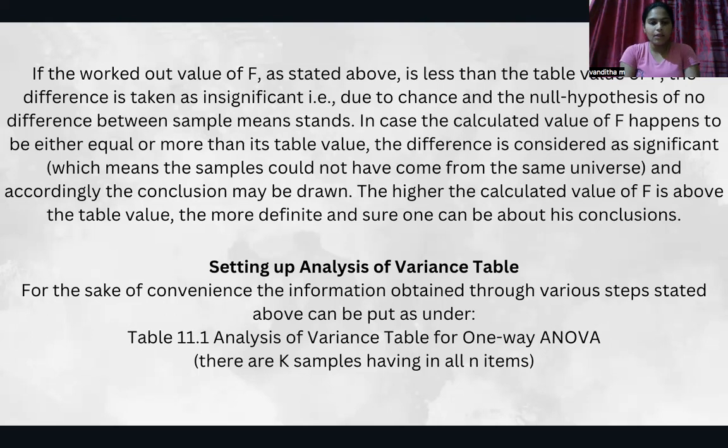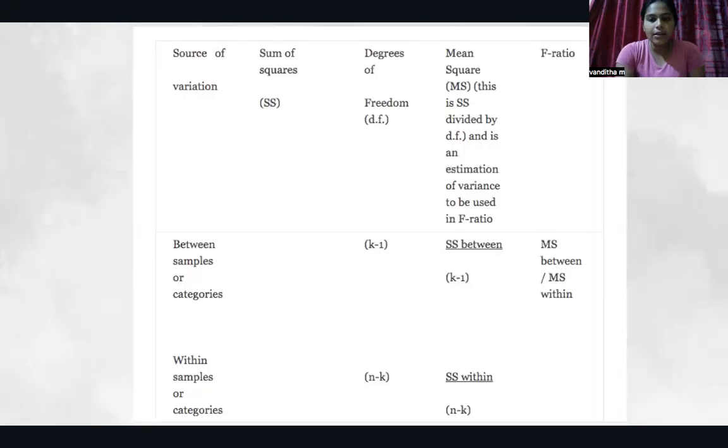Setting up the analysis of variance table. For the sake of convenience, the information obtained through the various steps stated above can be put in an ANOVA table, the one-way ANOVA table. This is the table with SS, that is sum of squares. Here in the first column, we have the source of variation.